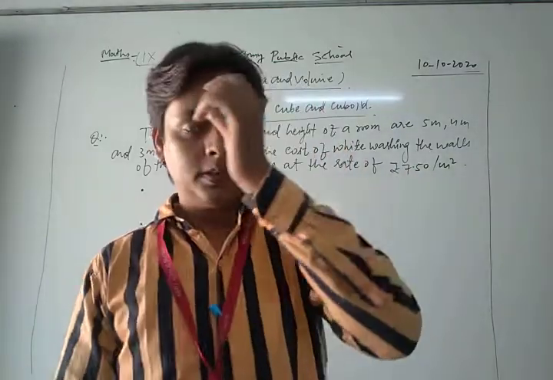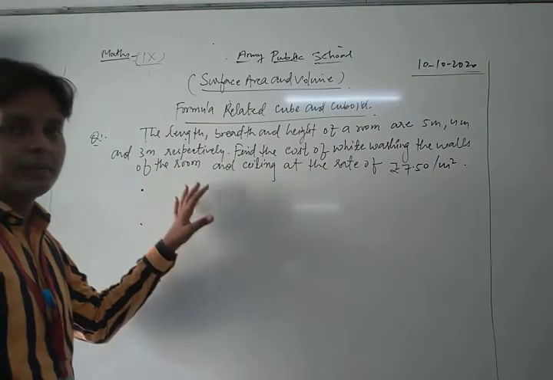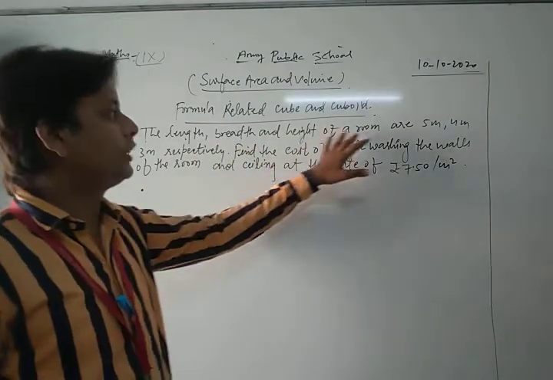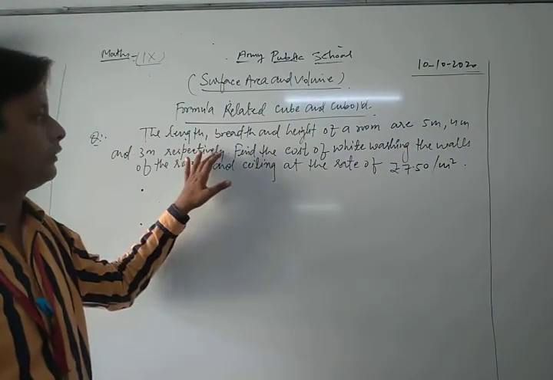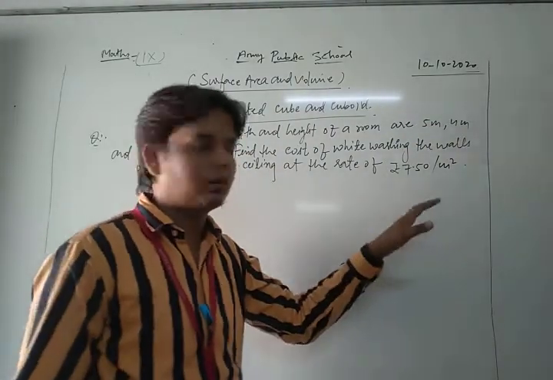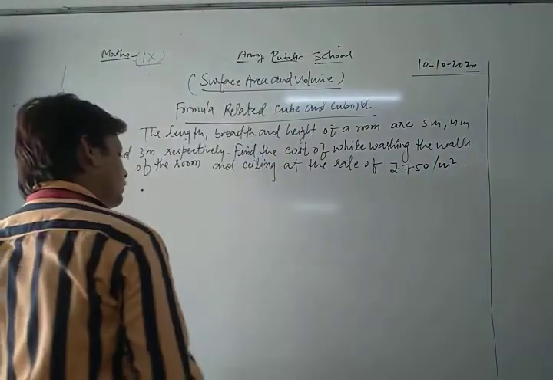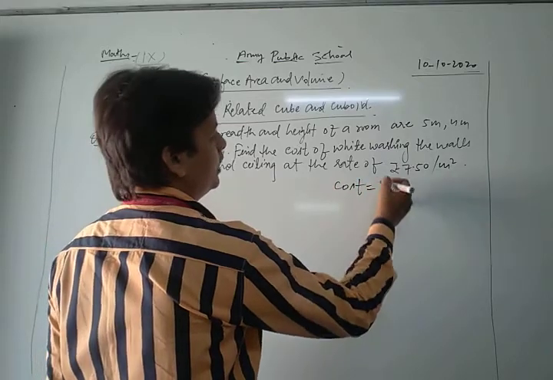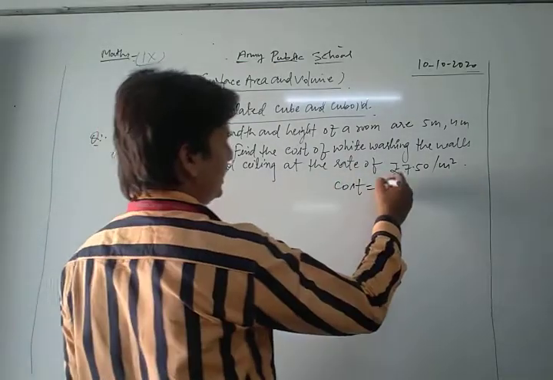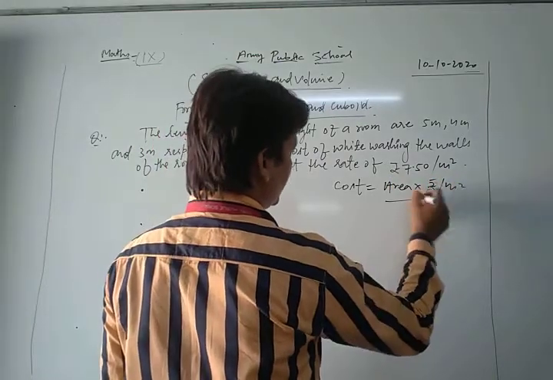Now look, dear students, what is given? The length, breadth and height of a room are 5 meter, 4 meter and 3 meter respectively, and we have to find the cost of whitewashing. In the previous class we already discussed a very important formula: cost is equal to area into rupees per meter square.